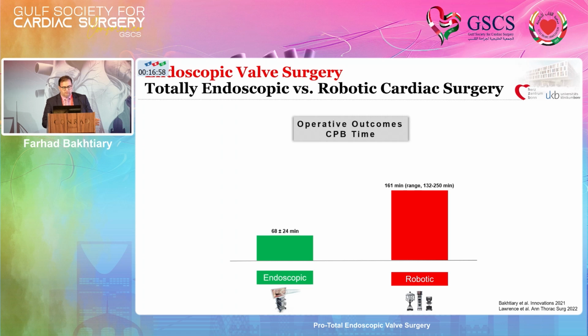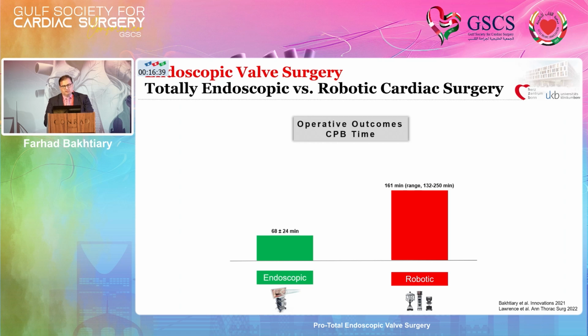So I tried to compare the operative CPB time between two different groups. We do over 200 cases of AVR per year endoscopic, and Lawrence's group also has a very high volume of endoscopic procedures.